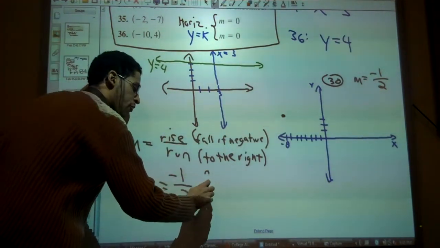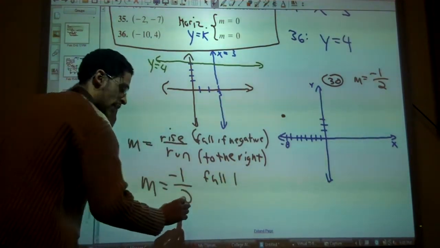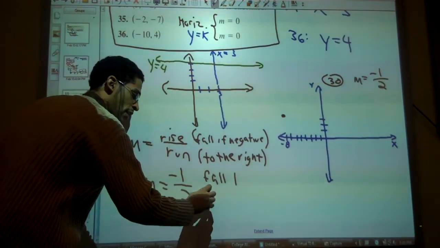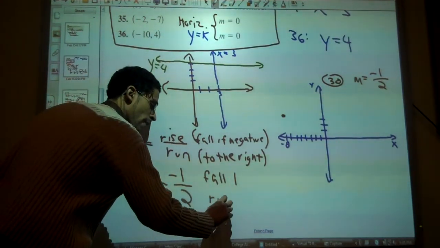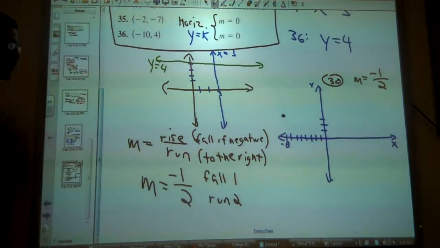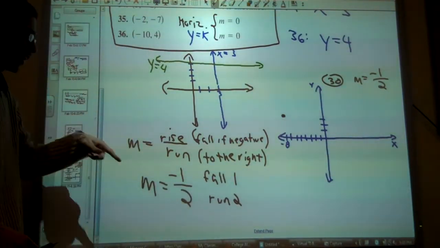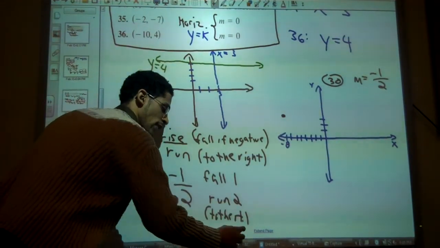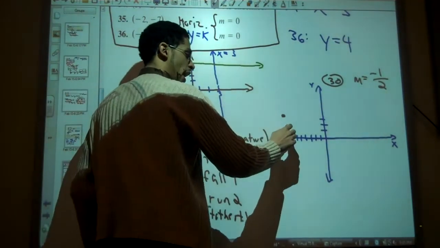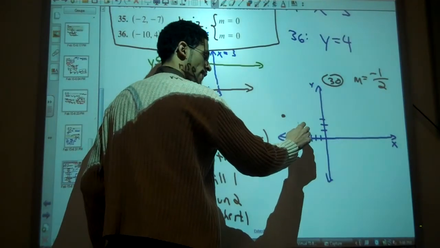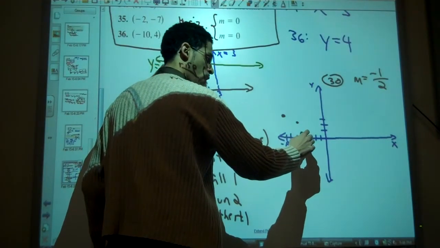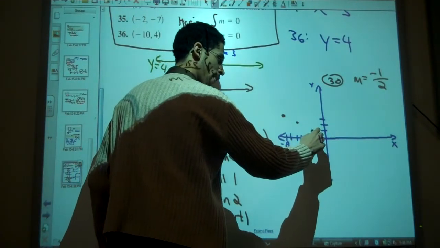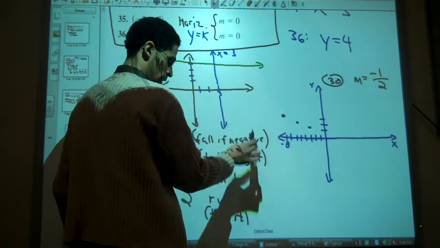I don't rise, I fall 1, and I run 2. So from that point, I fall 1 and I run to the right. And that's how I'm going to get another point. Down 1, over 2. And that's enough.